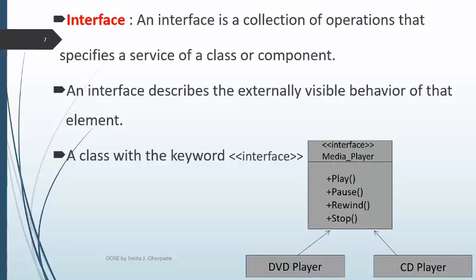Example here, media player is one interface related to the two classes DVD player and CD player. For media player, set of operations performed are play music, pause, rewind and stop. Like this, n number of operations can be defined for an interface media player.